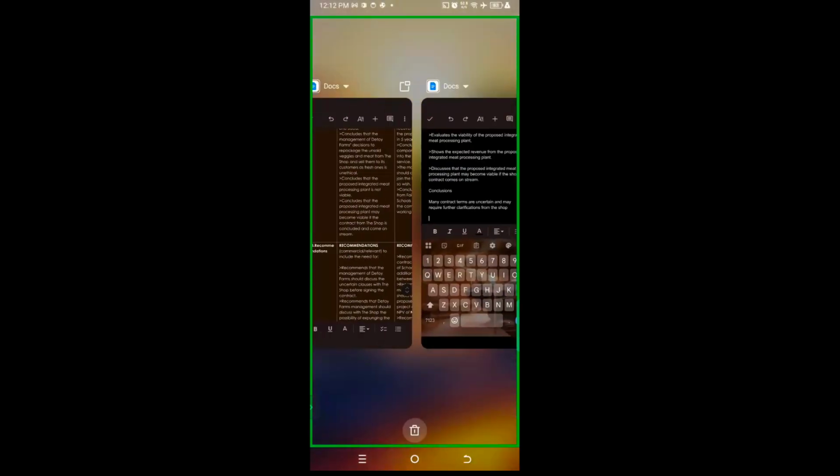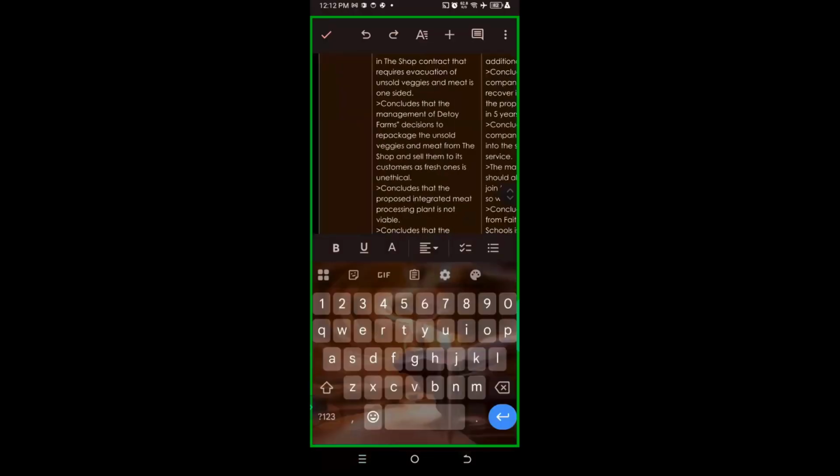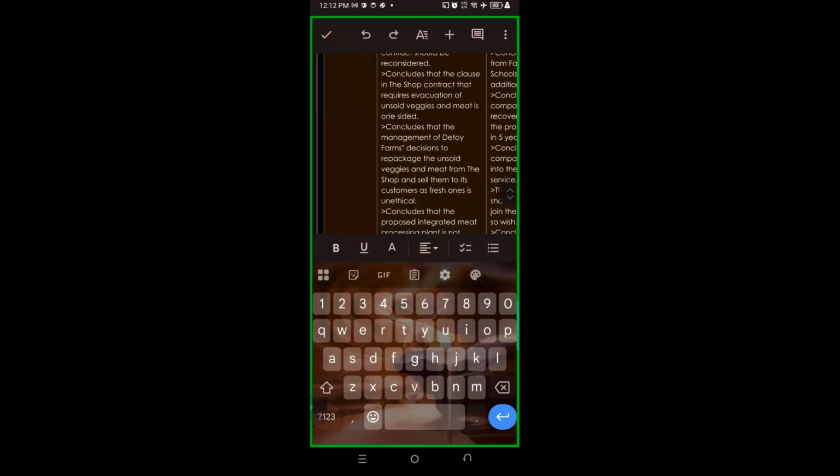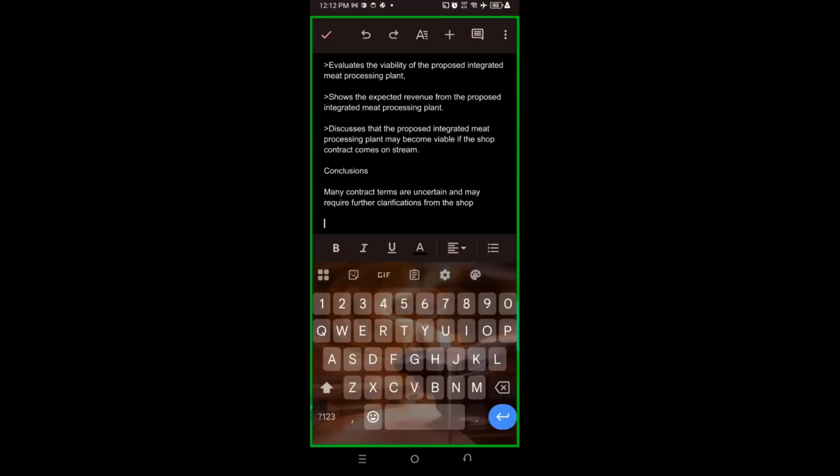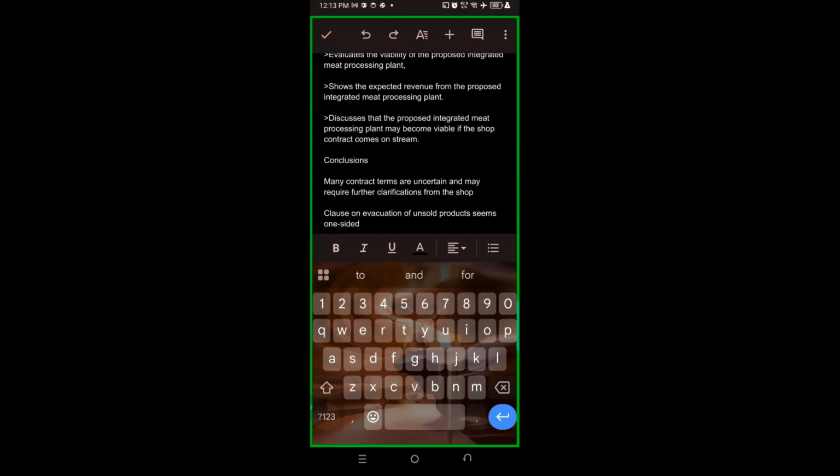Okay. Then conclusion on, conclude that the clause on evacuation of unsold products seems one-sided and may require proper review.